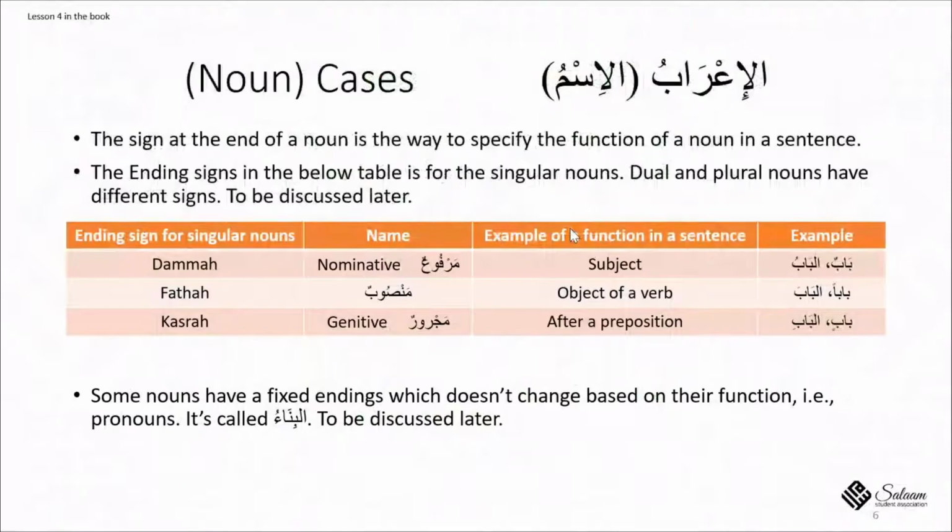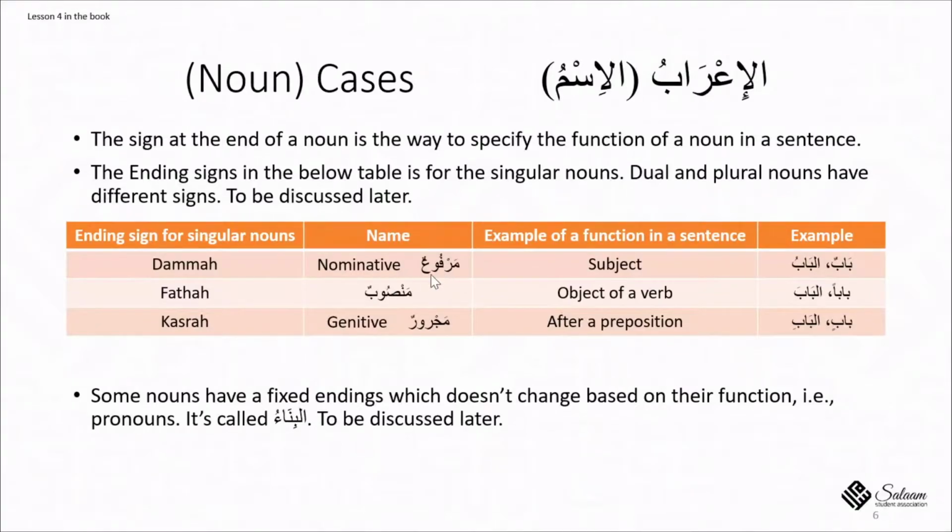You can still see the presentation or no? Okay, so this part, just have it in mind. If you have a noun in a sentence, we have three movements or signs that you can end it with: dhamma, fatha, or kasra. Dhamma means it's marfu'a. We call this noun in this situation marfu'a.